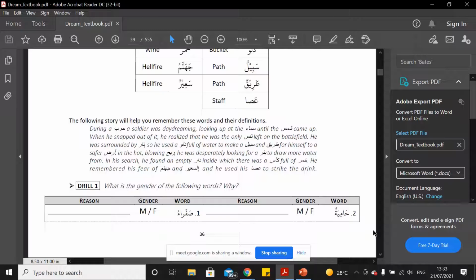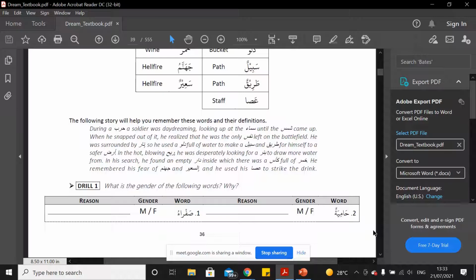So if you are not clear on which haraka to put at the end of a word, you can leave the haraka. Like instead of saying "during a harabun," you can say "during a harab," right? If you don't know if it should be harabun, haraban, or harabin, you can say harab.